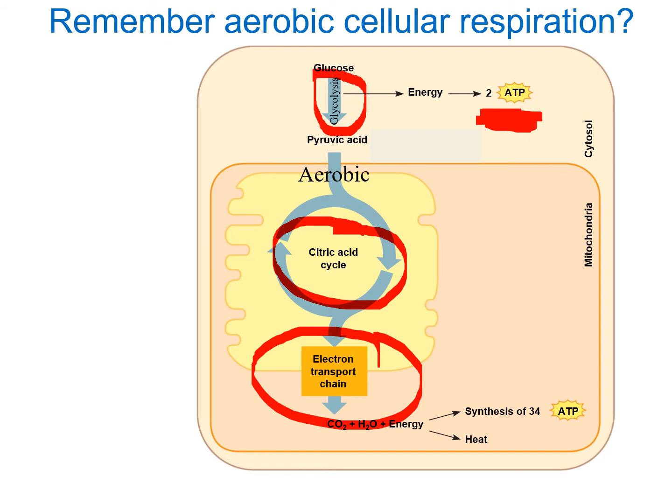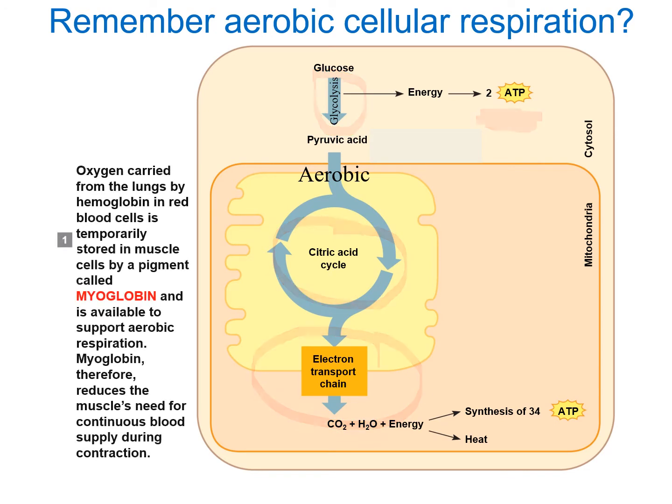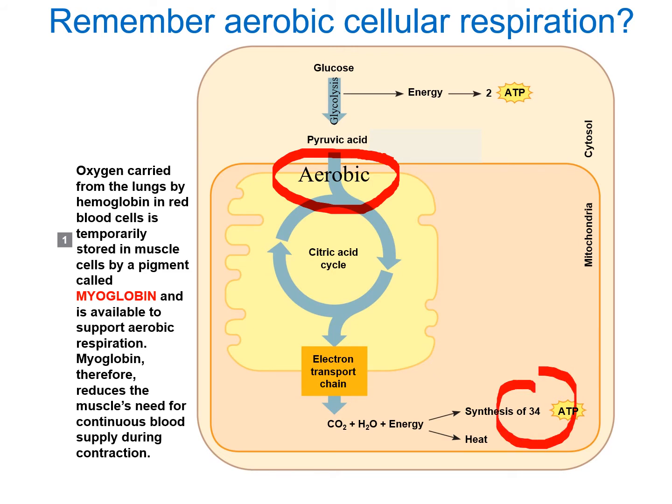So that's what a cell has to utilize once it really needs a sufficient amount of energy being made all the time during that strenuous activity that you're doing, playing tennis, running a race, whatever it might be. Oxygen, remember, is important too, because this is an aerobic process. Respiration is. You got to have oxygen present in order to crank out that 34 to 36 ATP per glucose.